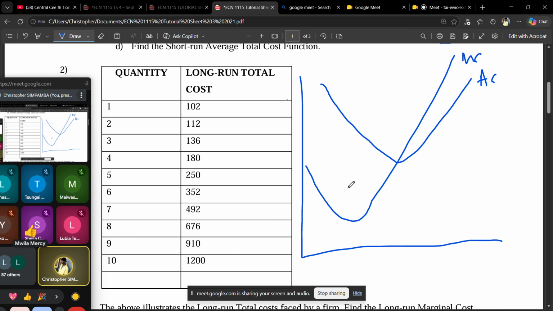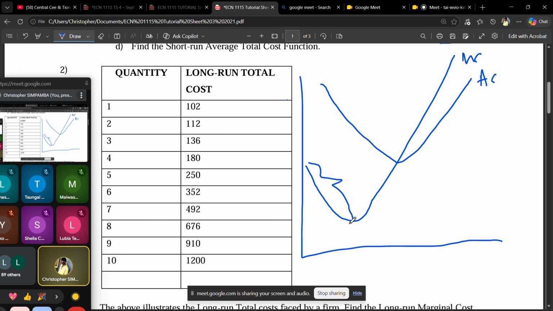Then you also have to pay attention to the relationship between these two. You are going to note that as marginal cost decreases, you find that even average cost decreases.